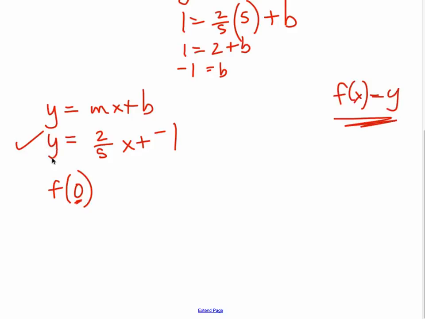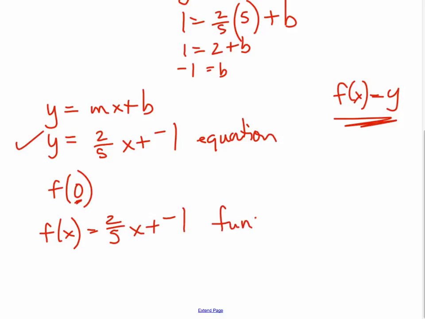So I can replace that y with an f of x. So really, this here would be called the equation of the line. And this one, f of x equals 2/5 x plus a negative 1, this would be the same equation written in functional notation. So if they say what is f of 0, they're saying everywhere you see an x in the equation, put a 0 in for that.